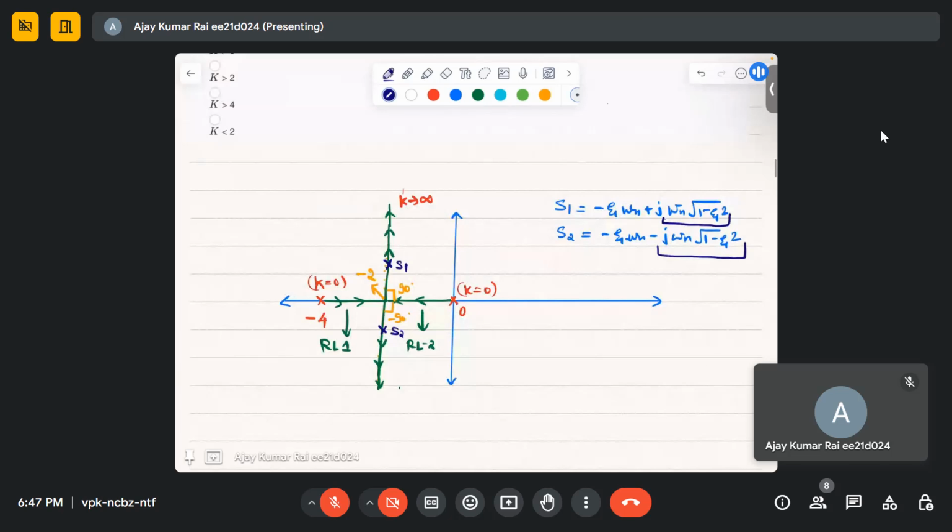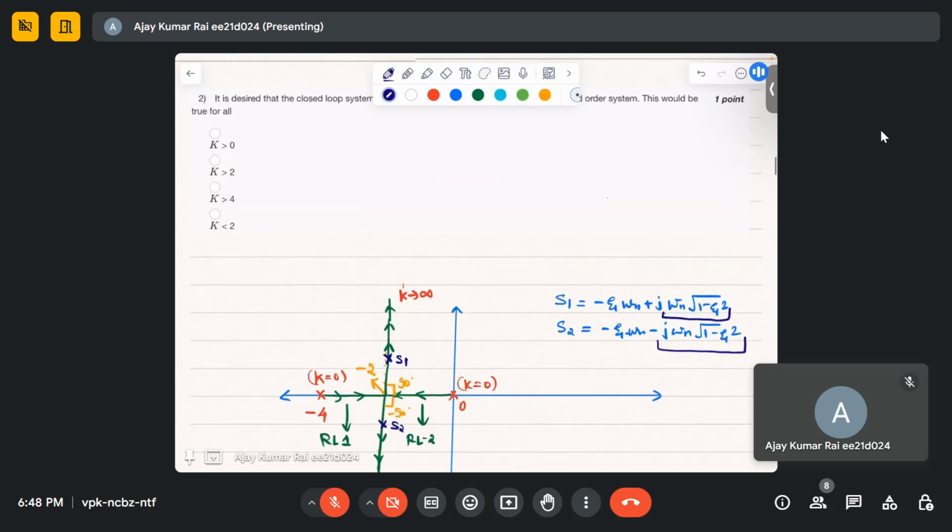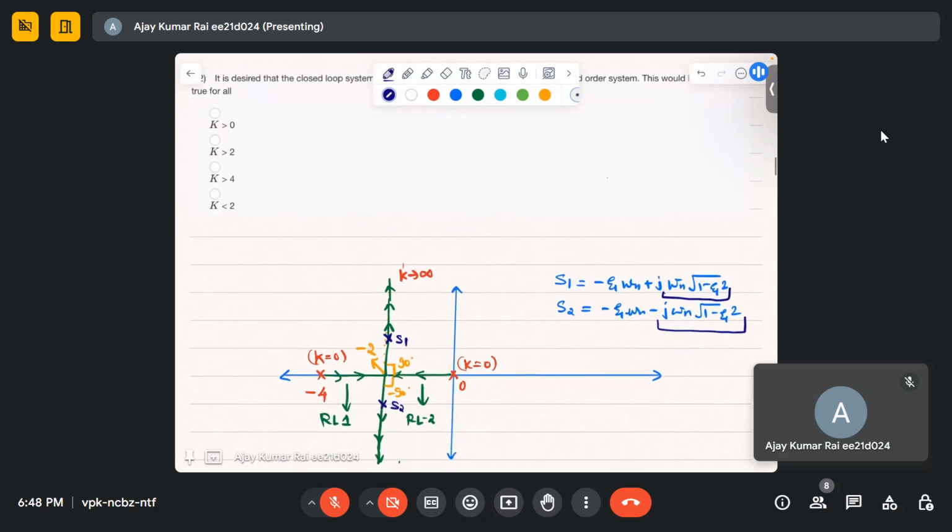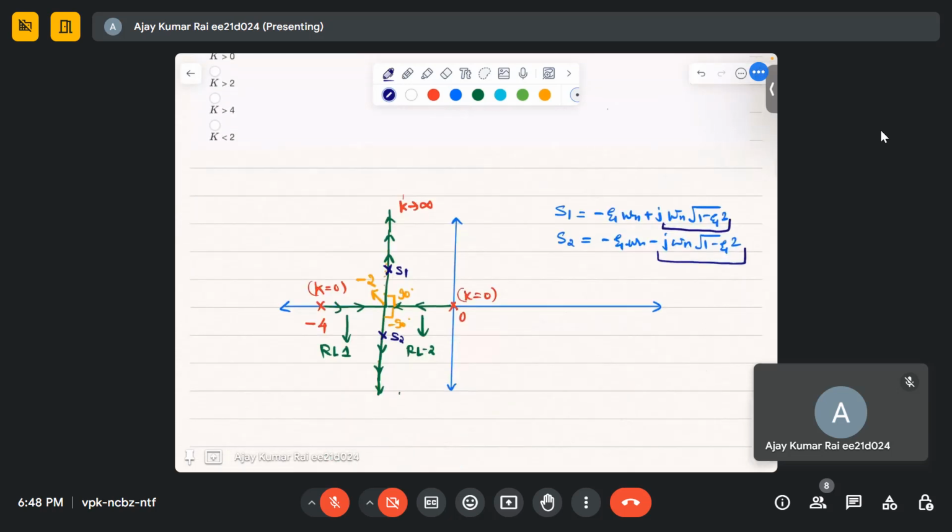They will have an imaginary part also. So if I have poles like this that I have shown, S1 and S2, then the system is underdamped, right? So in this question we have to choose the value of k for which the system becomes underdamped.